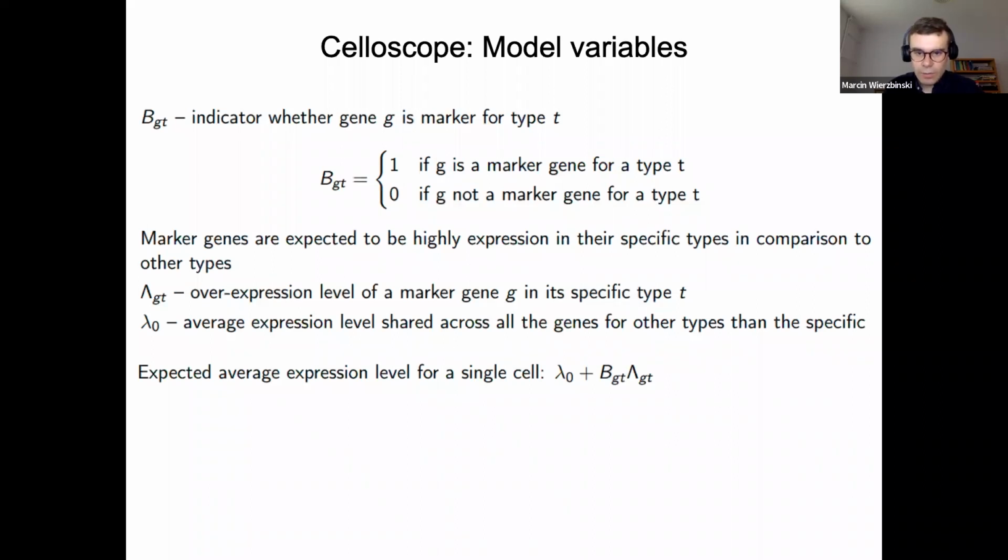And we can see the information about the sum of the average expression level shared across all genes for type T, and also the overexpression level of a marker gene G in its specific type T. This equation is higher when our gene is a marker gene, because B is equal to 1, so it means that our expression is higher.